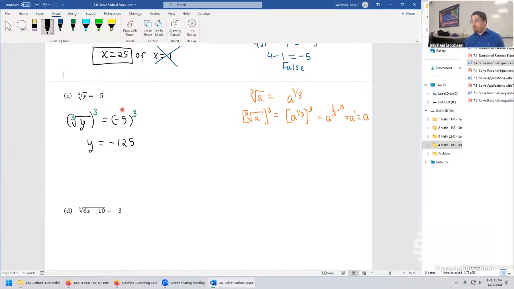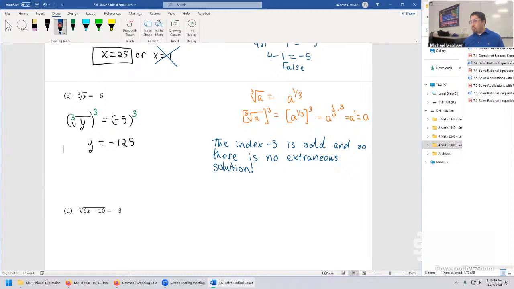At this stage, the whole problem is over, and some of the problems in the homework are really just this fast. We'll look at some nastier versions of this where there's more algebra involved. But the thing that's really nice about this problem is the index three is odd, and so there is no extraneous solution.